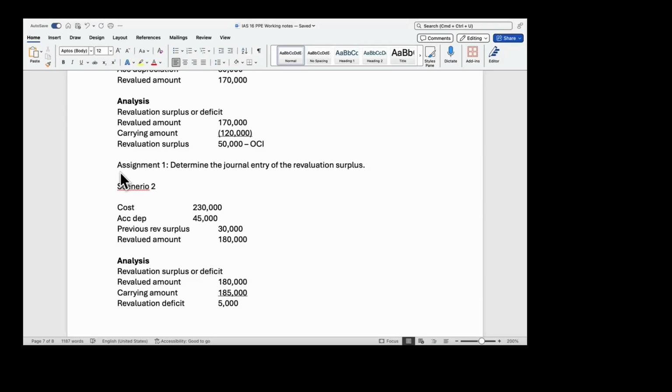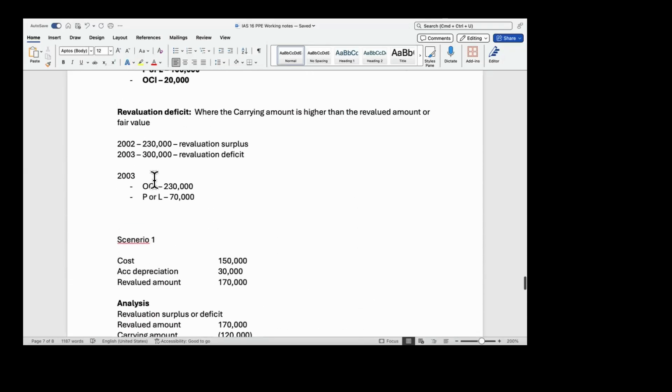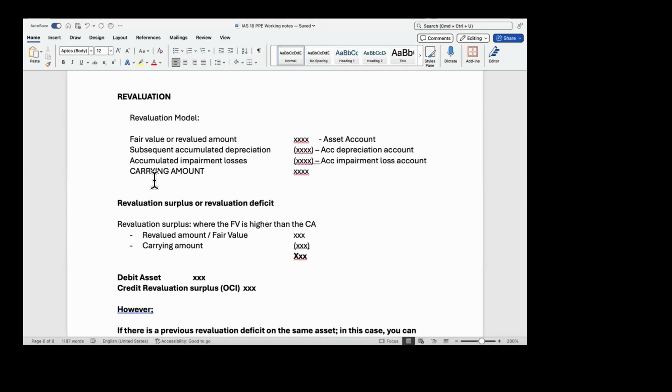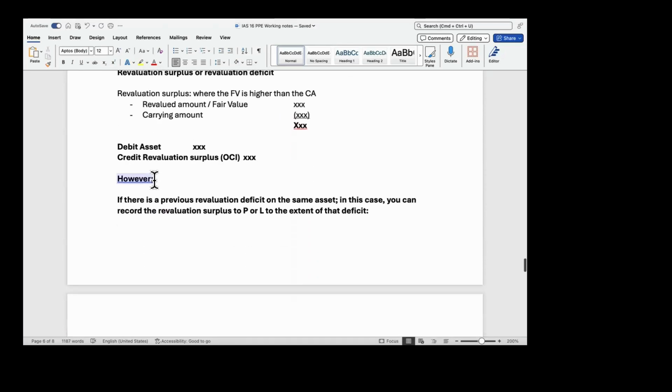I don't even mind spending the whole of next week solving questions, even both Saturday and Sunday, because I promise you this topic is everything. This is the very foundation of reporting. You'll be seeing it everywhere. This PPE forms the foundation of everything that we're going to teach you. So I don't mind spending the whole of the next class solving questions, then we can smoothly and easily go to the next topic. But let's see how it goes.